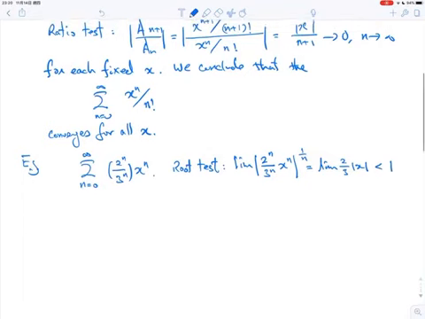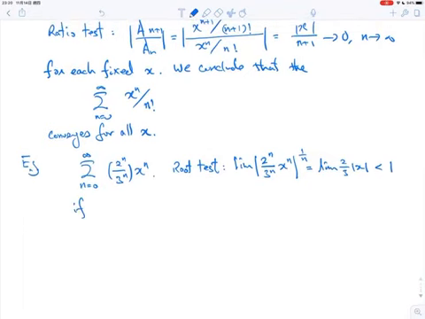So this is the case if you restrict the modulus of x to be less than 3/2. In other words, you want to restrict x to be from minus 3/2 to 3/2.